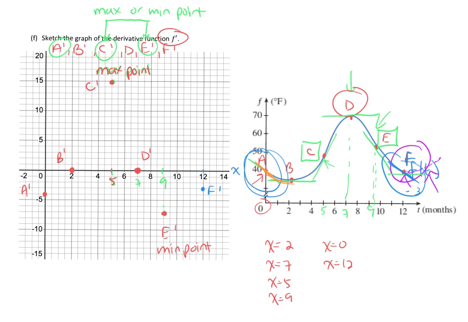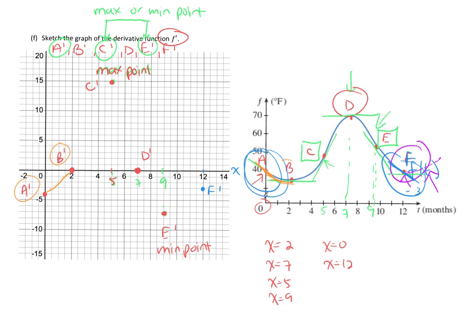So as I graph the points between A prime and B prime, it's still negative, because the original function is decreasing. All the points between A prime and B prime are going to be below the x-axis, but it's getting less and less steep, so it's getting less and less negative.